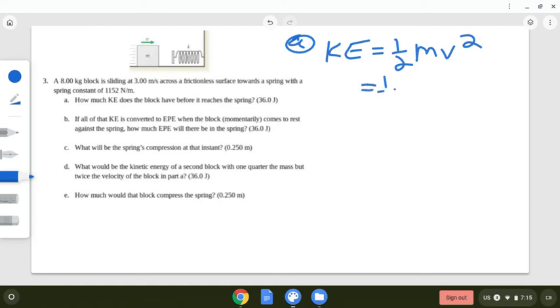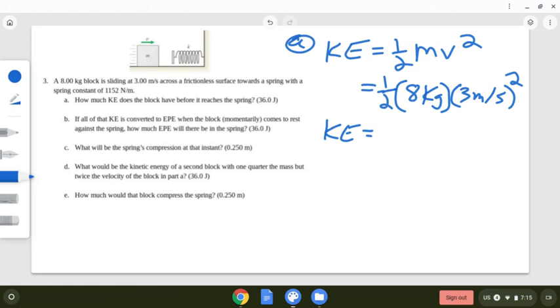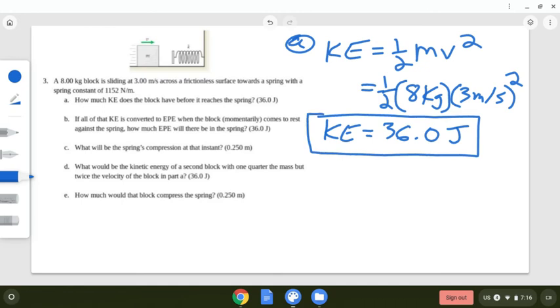So KE will equal 1/2, our mass, 8 kilograms, our velocity, 3 meters per second, and that gets squared. And if you do all that, you're going to get KE equal to 36.0 joules. Put a box around it.